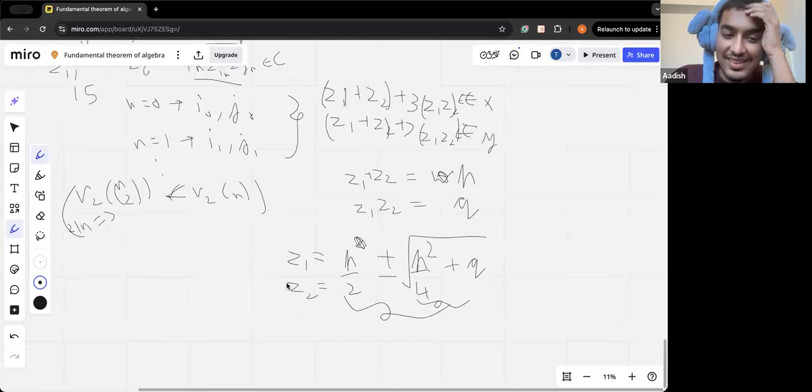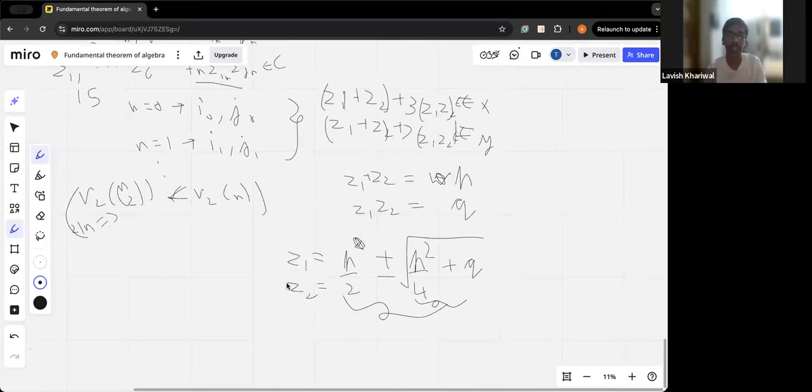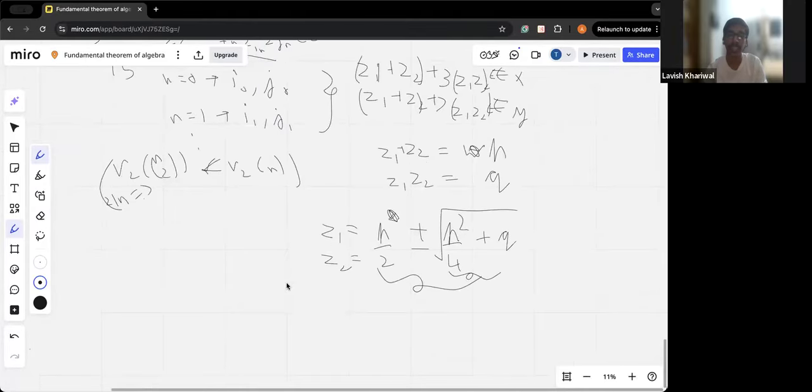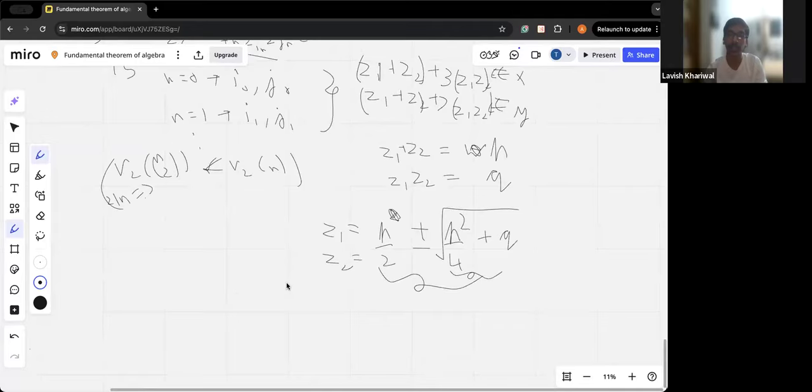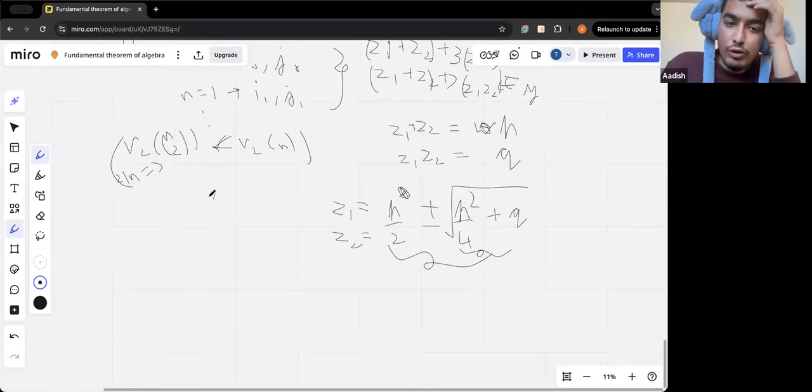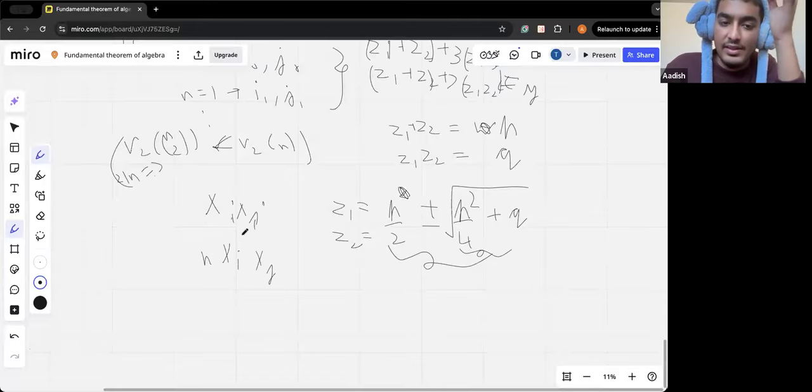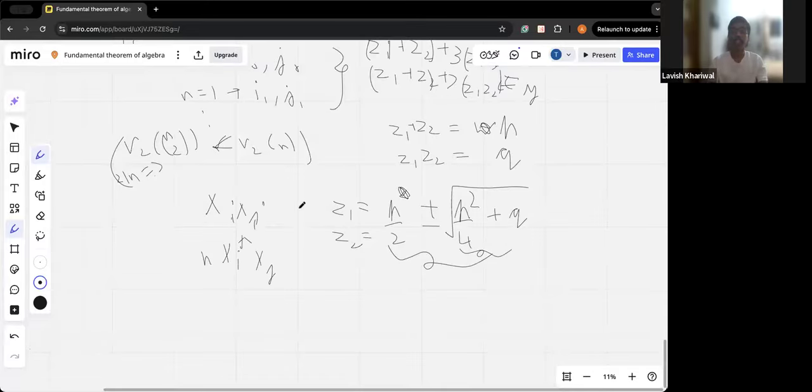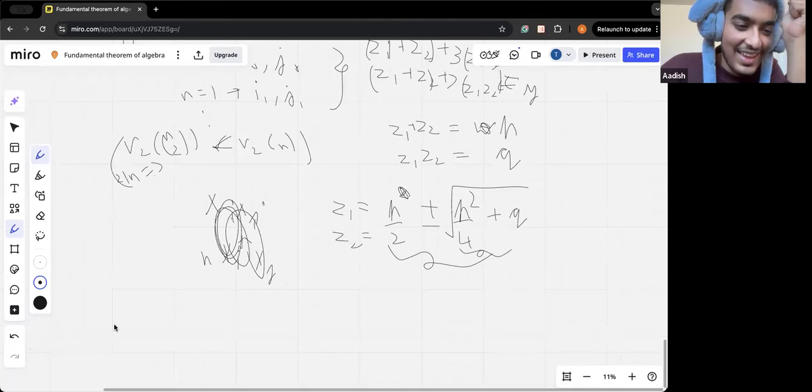What happens is you get that there is some xij which is a complex number, then you get that there is n times xij which is a complex number. Oh, okay, there is an issue. It is not necessary that the first P0 also has such a root. Yes, makes sense.